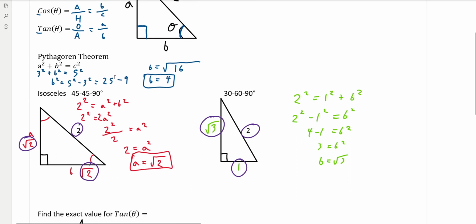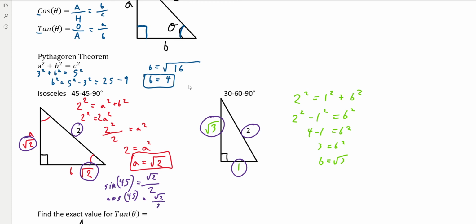Okay, so if we were to use these numbers in the sine, cos, and tan functions up above here, you can imagine that if we used sine of 45, which is this left-hand triangle, we can get exactly the number that we are looking for. So root 2 over 2. Cos of 45 is also root 2 over 2.